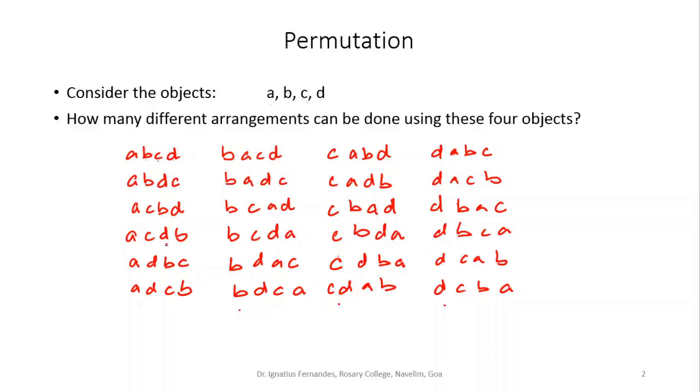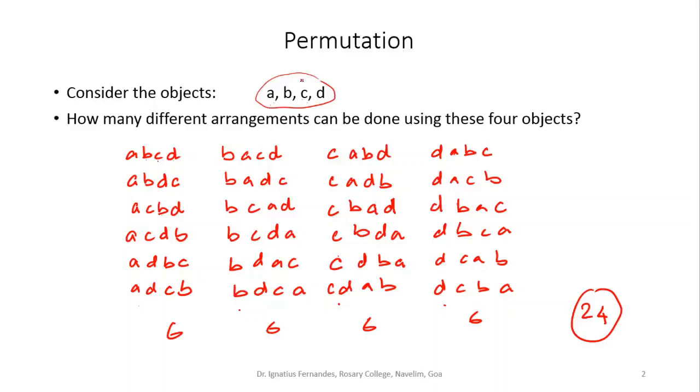Depending on which letter appears in which position, I got a different arrangement, and these are all the possible arrangements I can get with these four letters A, B, C, D. In total, these are 6, 6, 6, 6, so 24 different arrangements.